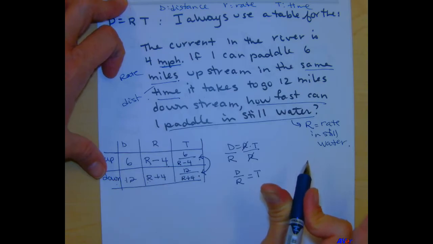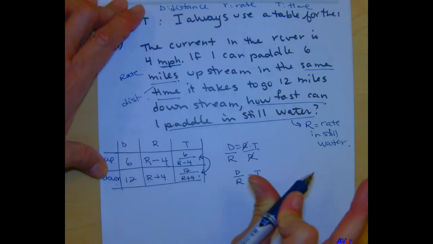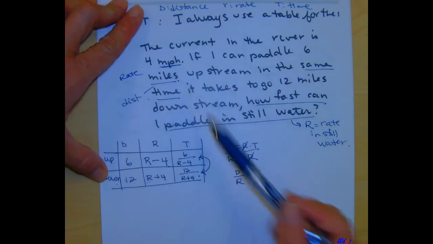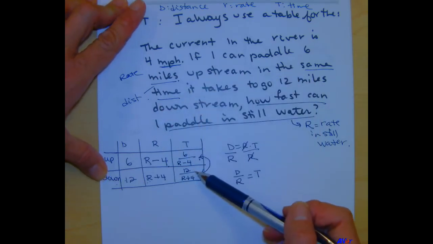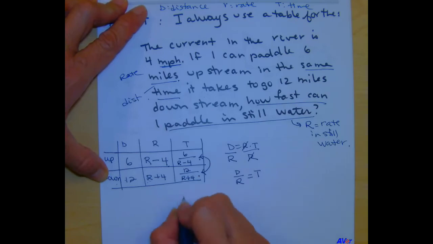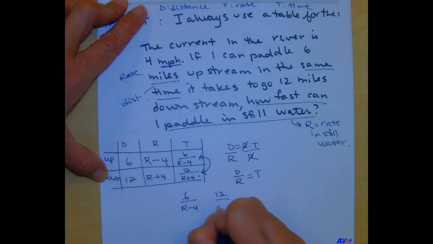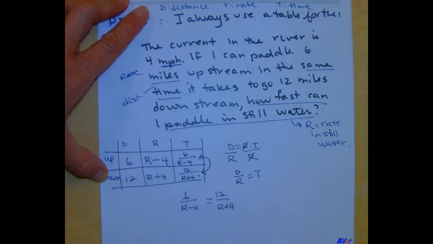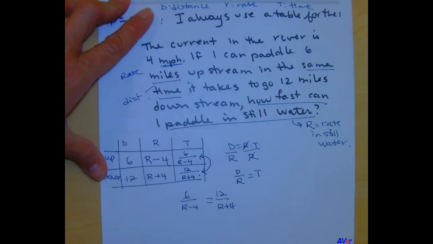With me so far? One more thing, and then we can start the algebra part. In the same time, these two are equal, so I'm going to grab those two expressions, the 6 over r minus 4 and the 12 over r plus 4, and set them equal. Okay, there's the same time.